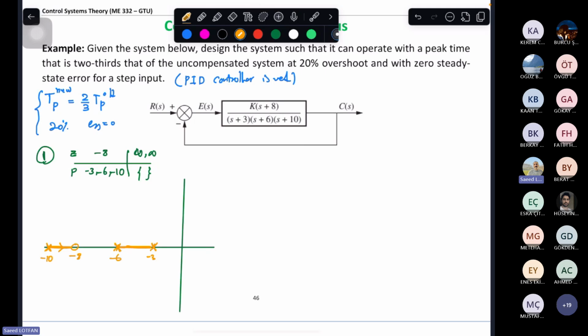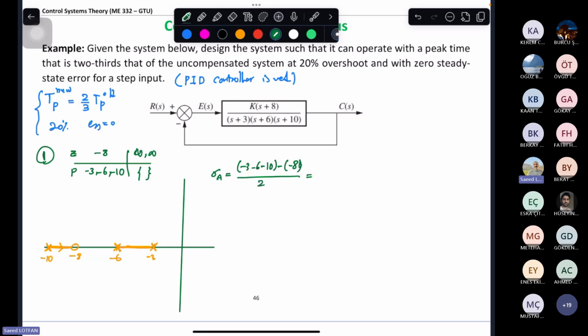And this one is going like we have sigma. We should find sigma A, which is (-3 -6 -10 -8) over 2.